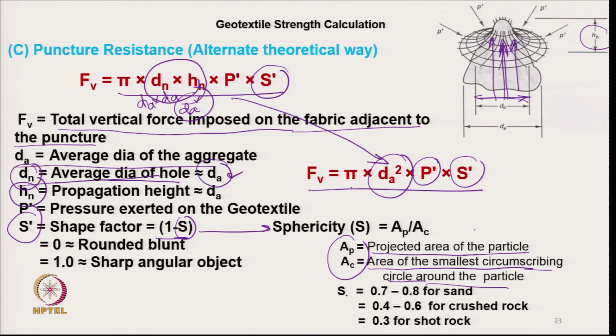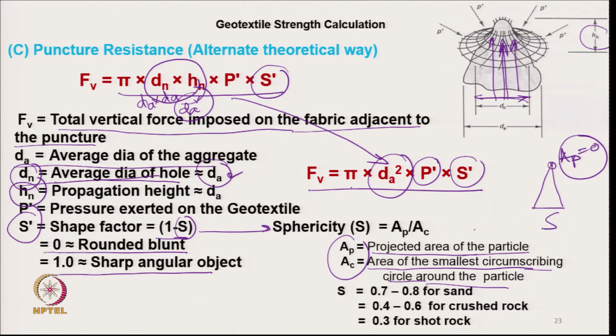Now, for a round or blunt shape, the shape factor is equal to 0. For a sharp object, it is 1. Suppose this is a sharp object. Here the projected area, say Ap, is equal to 0.